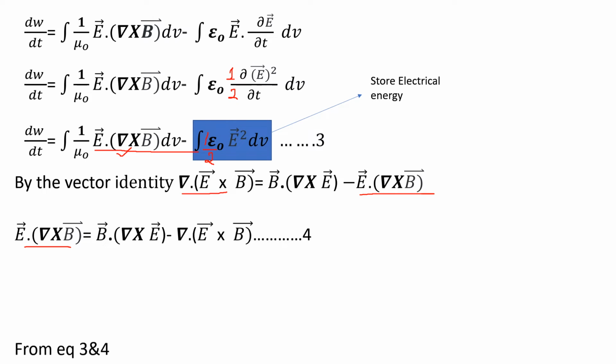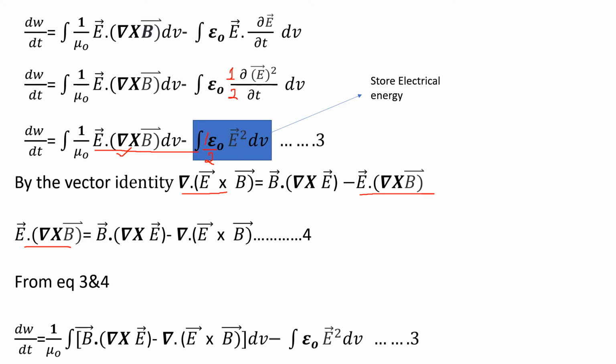So my equation becomes like that: 1 upon mu naught, B dot del cross E minus del dot E cross B dV, minus 1 upon, I forgot to put 1 by 2 here, so you also have to write down 1 by 2 epsilon naught E square by dV. This is my equation number 3.